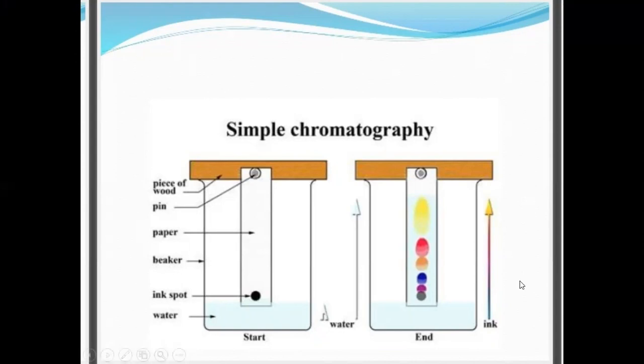Here you have pinned the paper, and here the sample. This is the filter paper dipped in the water, 5 centimeters in it. And from here, the mixture rises upward, and thereby the components are getting separated.